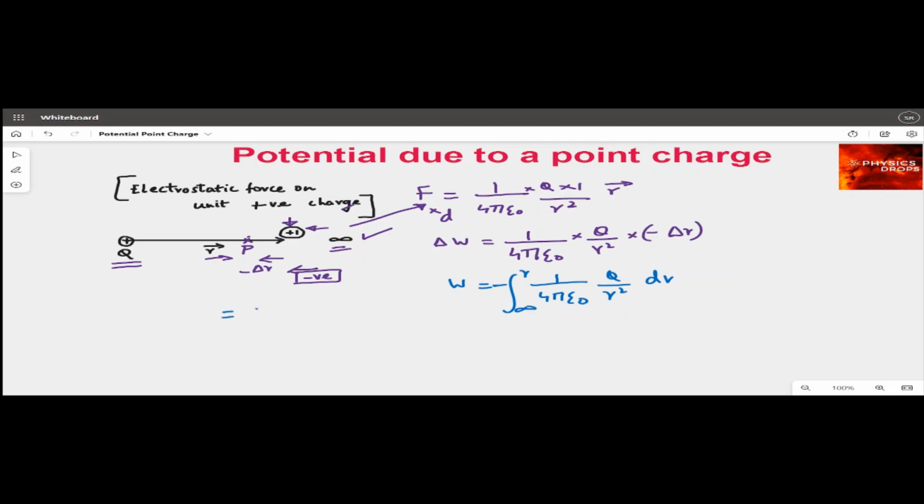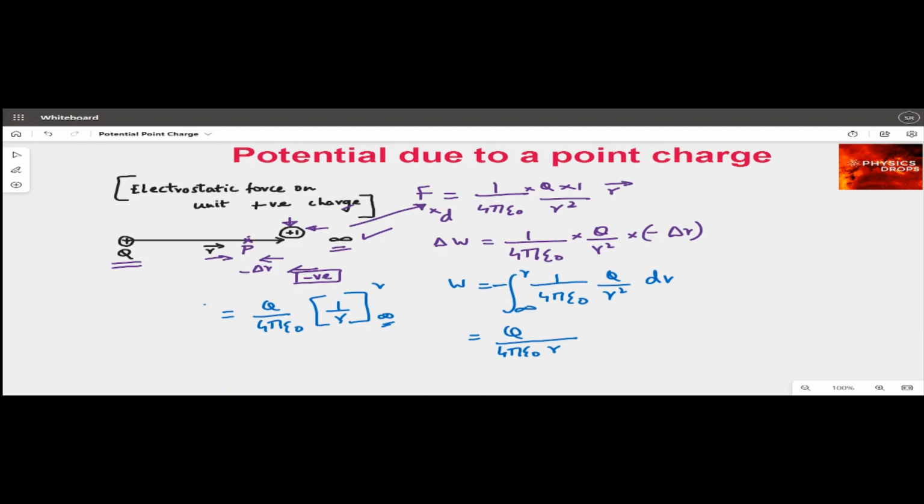So we get Q by 4 pi epsilon naught times 1 by r from infinity to r. When we substitute r, we get 1 by r, but when we substitute infinity in place of r, 1 by infinity becomes 0. So in the end, we get Q by 4 pi epsilon naught times 1 by r, which is Q by 4 pi epsilon naught r.